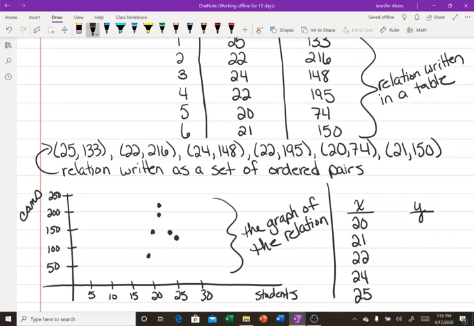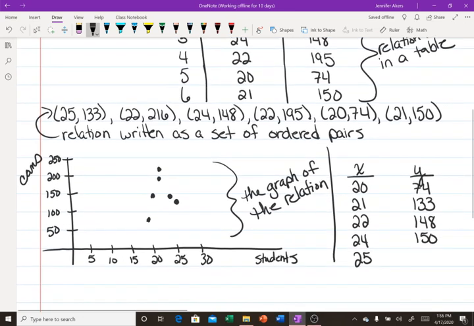My y's from least to greatest, I have 74, 133, 148, 150, 195, and 216.